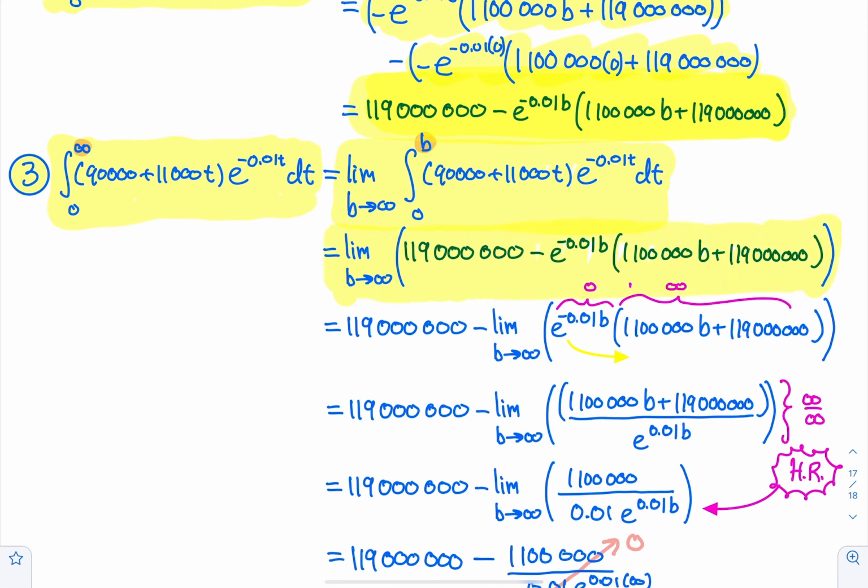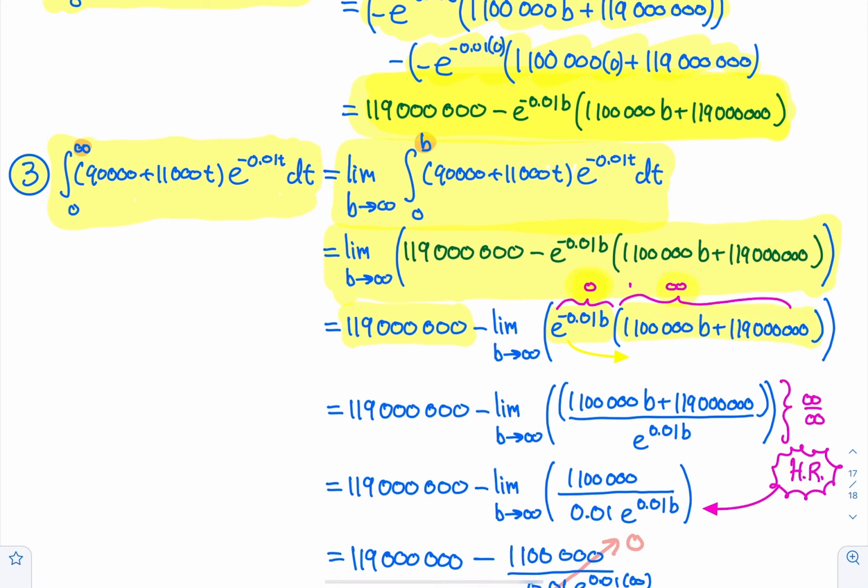119 million minus e to the power minus 0.01 b times open bracket 1,100,000 b plus 119 million. When you plug b by infinity, the first term is a constant, so you can take it out of the limit. But sadly, e to the power of minus infinity will be 0, and then that linear function, when you replace b by infinity, you're going to get infinity.